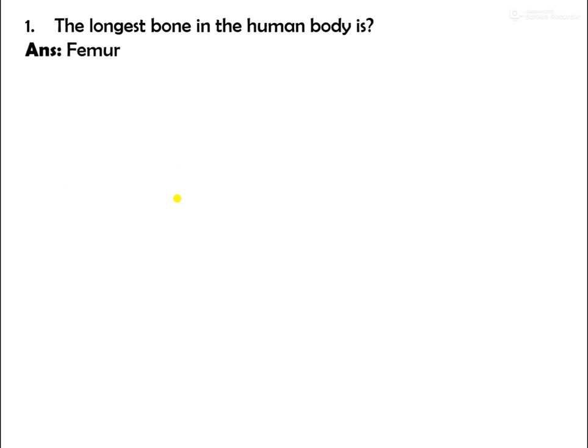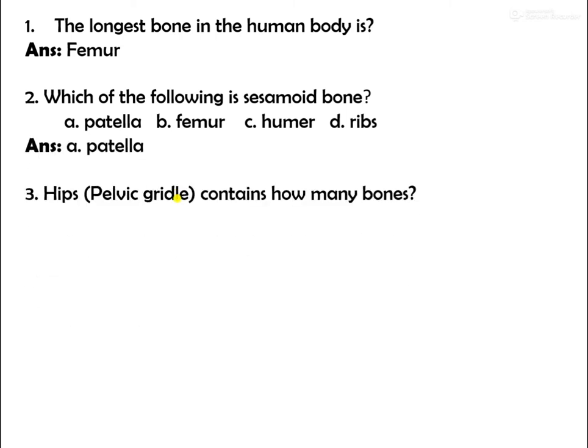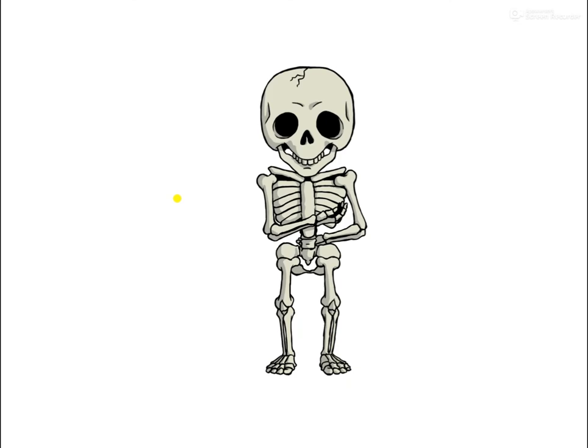The longest bone in the human body is the femur. Which of the following is a sesamoid bone? Patella, femur, humerus, and the answer is the patella. Hips or the pelvic girdle contain how many bones? Answer is 2. Up to that we have covered the appendicular skeleton.